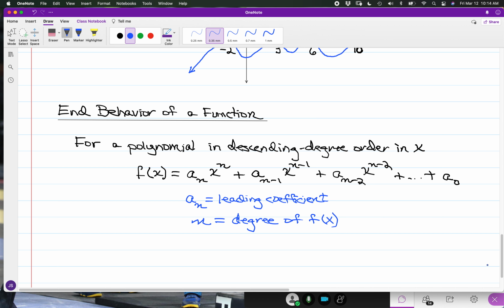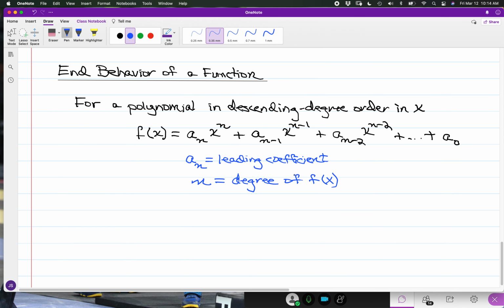And there will be scenarios drawn out, and this is where the end behavior comes out. We're going to have 4 distinct cases, and I'm going to take a little bit of a grid or pattern.